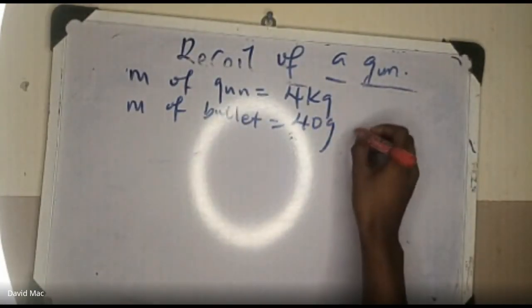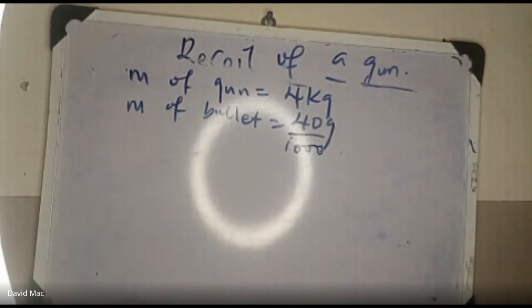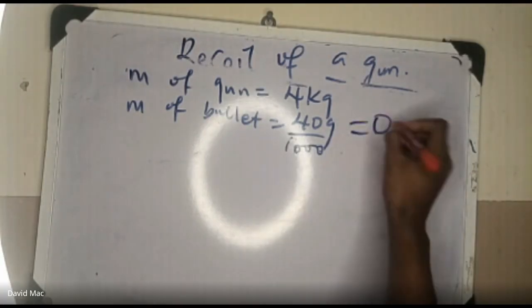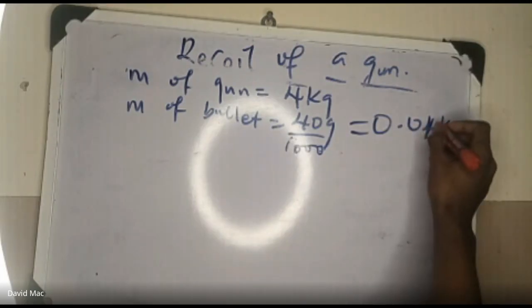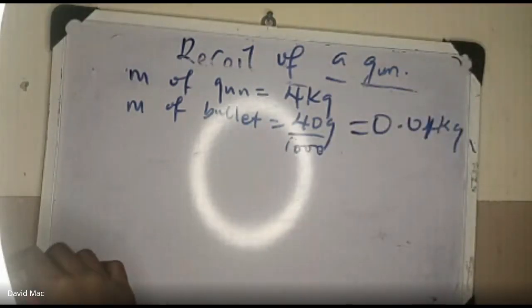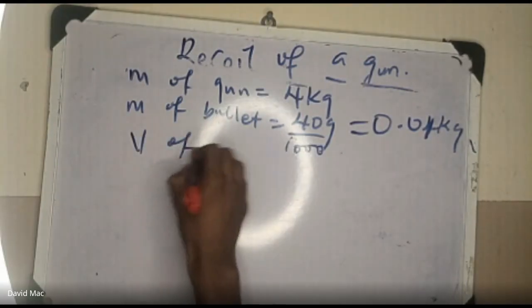So you say 40 gram divided by 1000. How many grams makes 1 kilogram? It's 1000. So the mass of the bullet is 0.04 kg. Then they said we should look for the velocity of the gun.